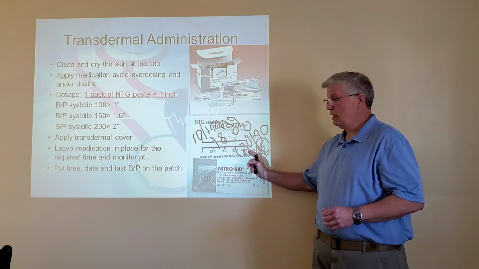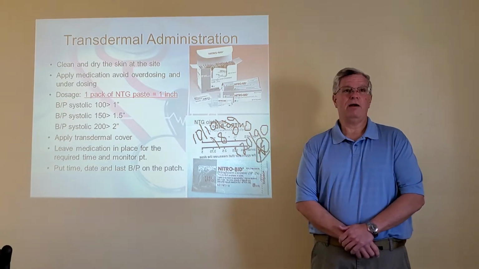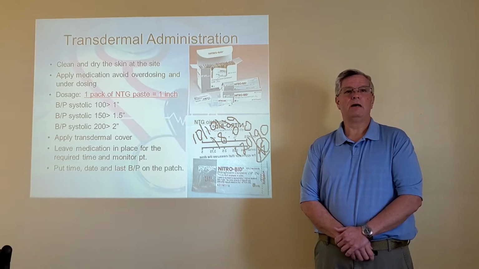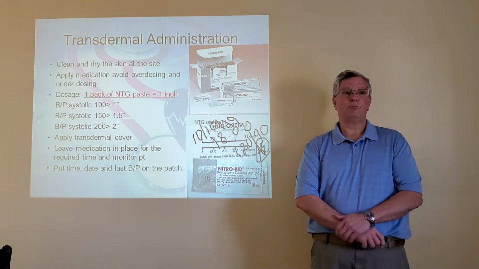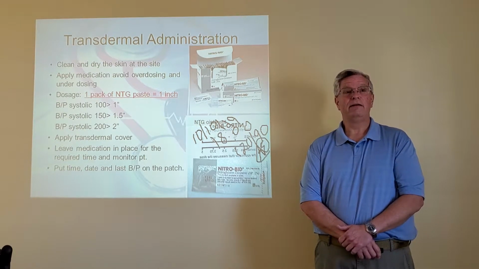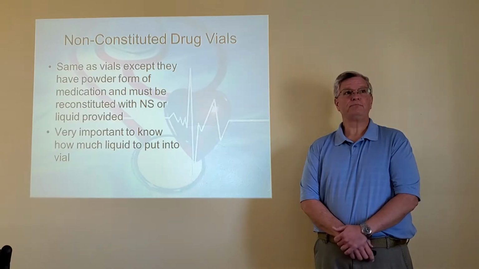It can be already there, and it's a quick reminder of what it was when you first put it on. And also when you get to the hospital, nurses and doctors really do like that, so they can keep up with it also.